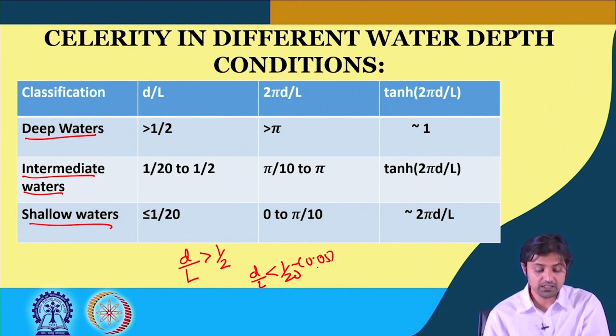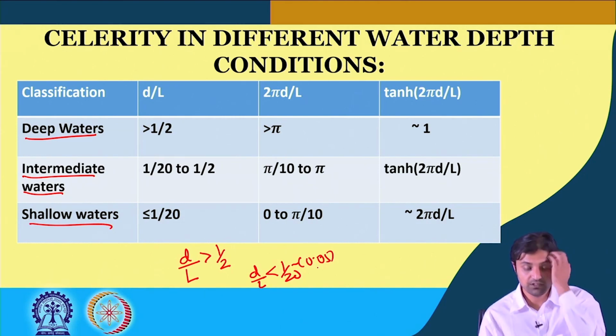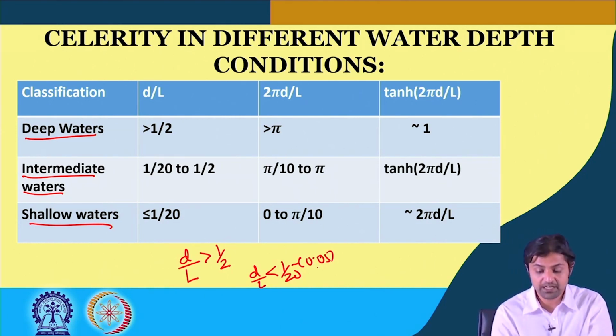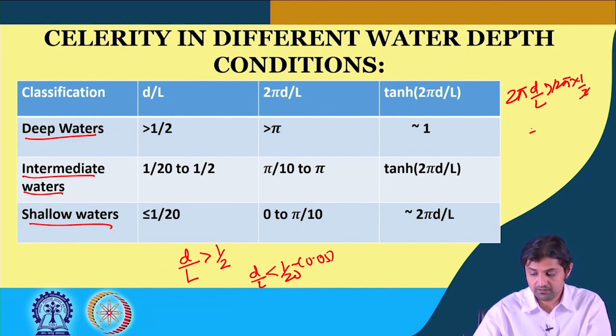In case of deep water, if d by L is greater than half, then 2 pi d by L will be greater than 2 pi into half, that is, greater than pi.